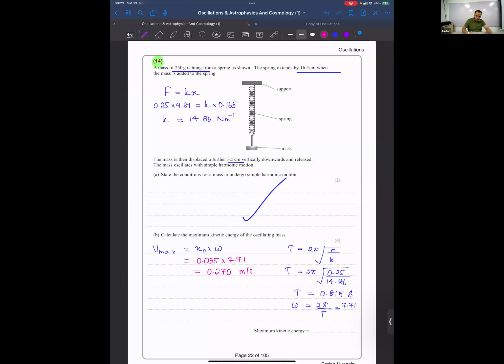So then finally, to find the maximum kinetic energy, I'll take it as Emax using half mv squared.